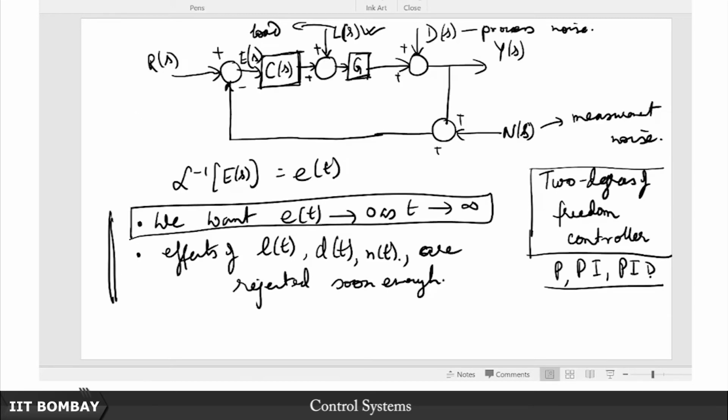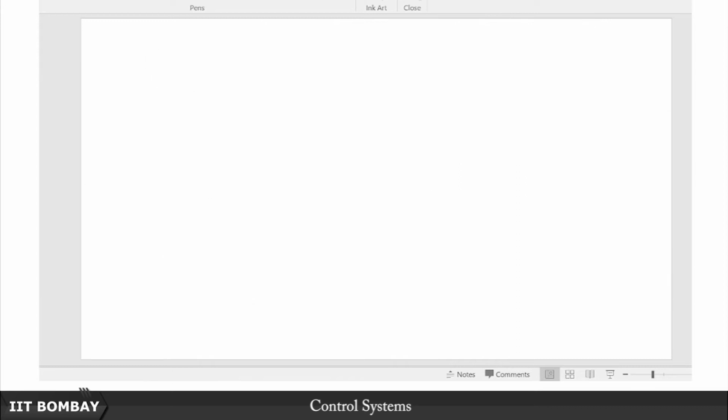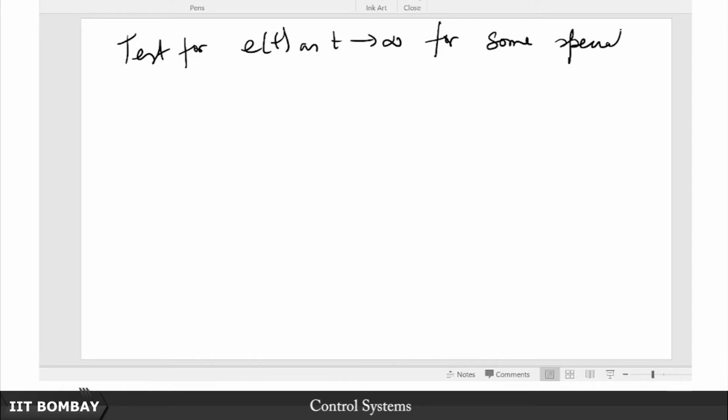But now notice that you cannot possibly check for the kind of error that arises for all possible kinds of inputs. So we set before ourselves a humble goal, not a very humble goal, but a humble goal in the sense that we only test for e(t) as t tends to infinity for some special test signals. So what are these special test signals?